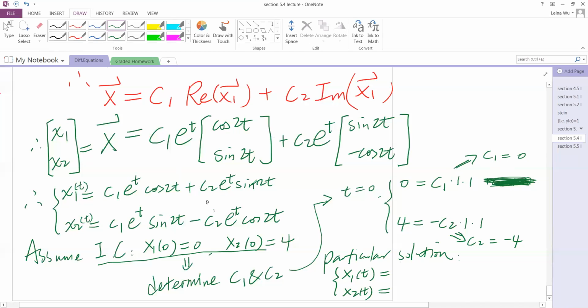And in the second part, we have negative 4 e to the t sine 2t, and also positive 4 e to the t cosine 2t.